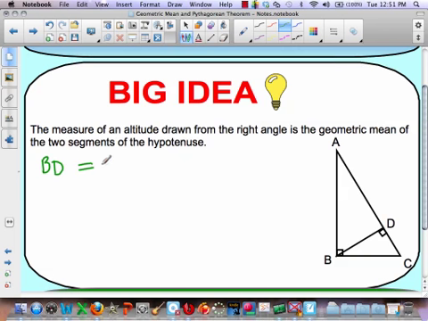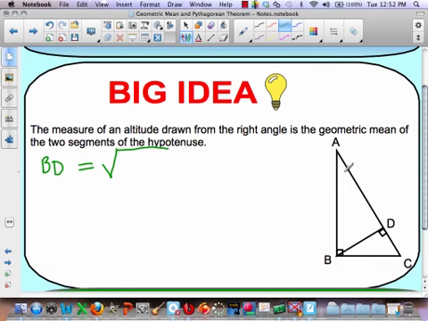So it means we're going to take the square root of a product. Now, what am I multiplying? The two segments of the hypotenuse. Well, if I look at BD, what two segments does BD create? I'm looking at my hypotenuse.